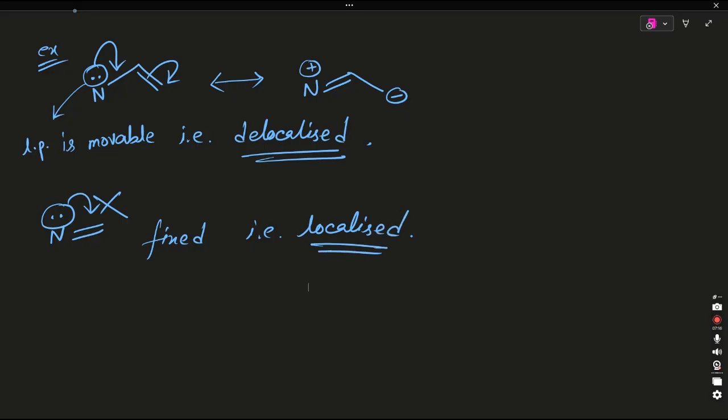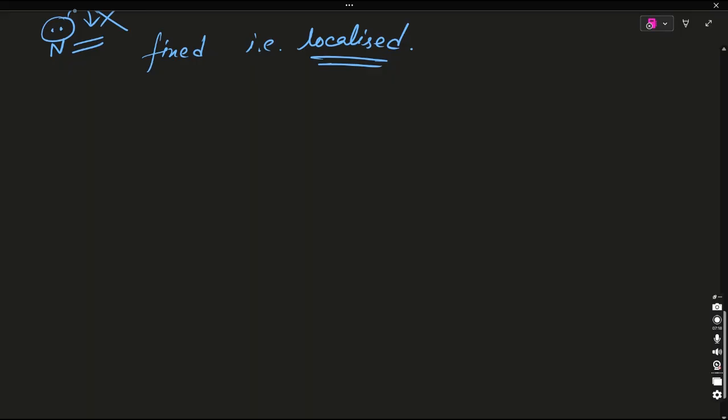Now the next example is pyridine. This is pyridine. This nitrogen lone pair is also fixed because there is no option for further conjugation. Here is a double bond, and on the other side there is a single bond, but actually the three double bonds are in resonance with each other.